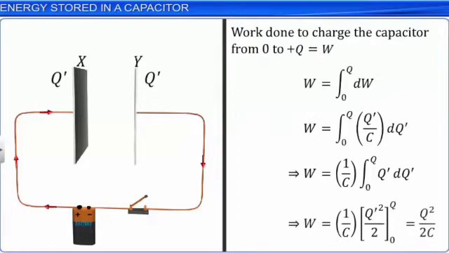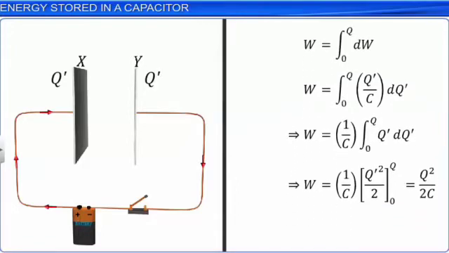This work done, W, is stored as electrostatic potential energy in the capacitor. Electrostatic potential energy of the capacitor is denoted by U. Hence, we get U is equal to Q squared by 2C.